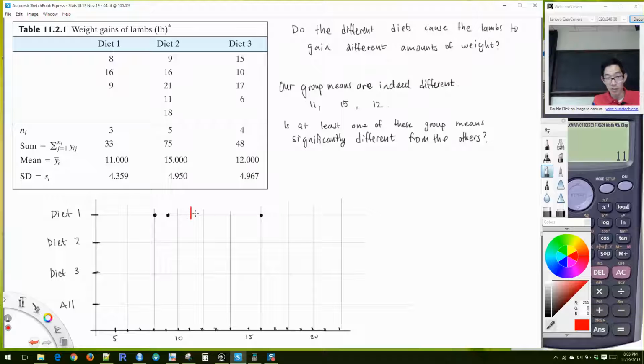So this is its group mean. Then on diet 2, we have a lamb that gained 9 pounds, one that gained 16, one that gained 21, 11, and 18. Its group mean is right here at 15.